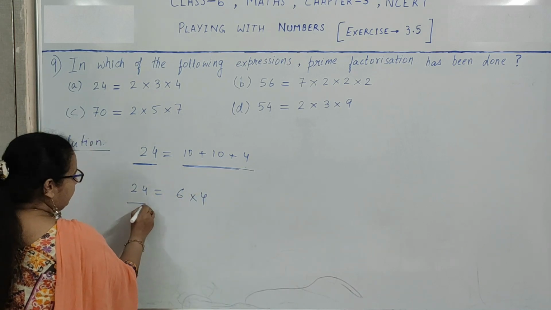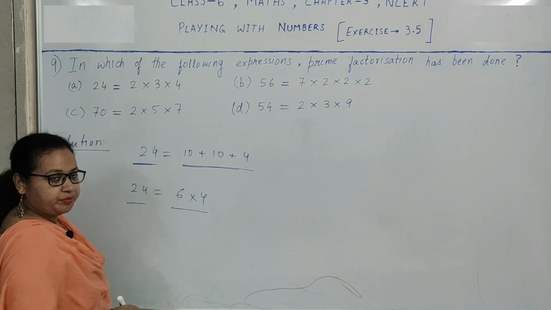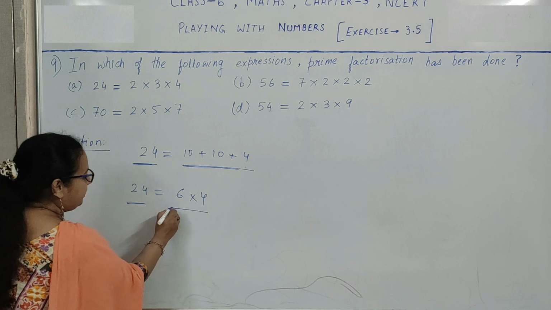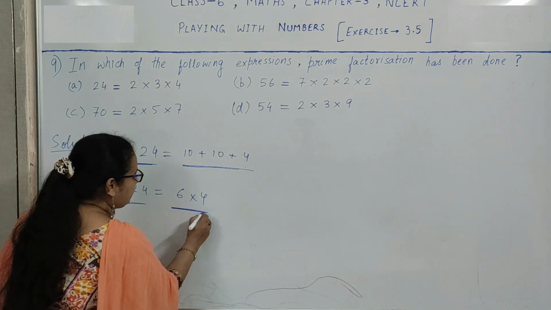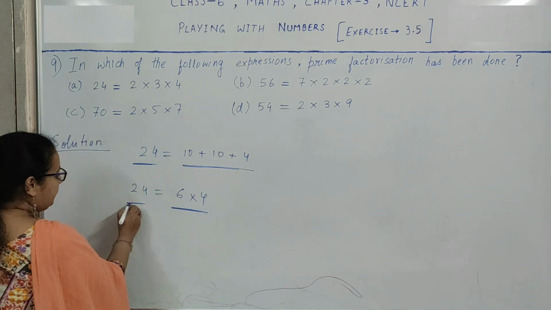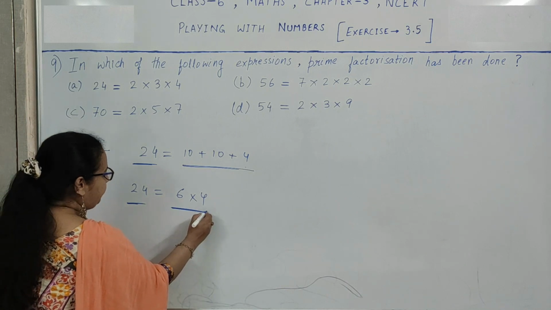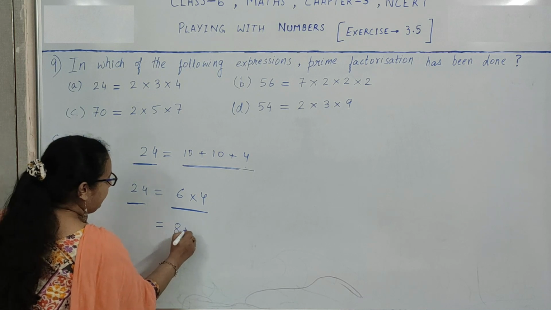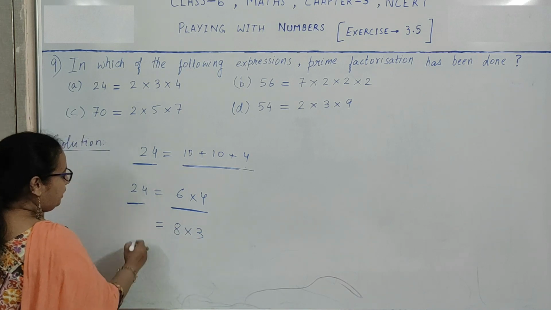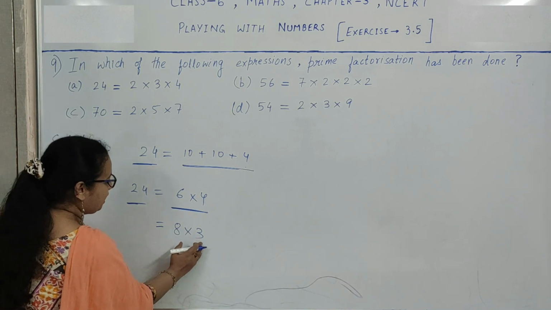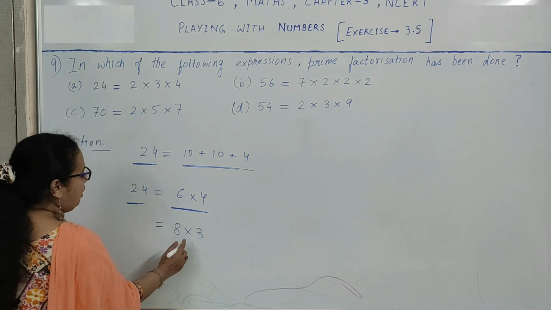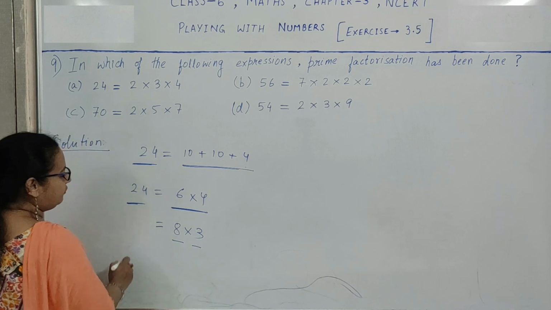That I have written 24 as a product of 2 numbers, or I can say that 24 is expressed in terms of its factors, as a product of its factors. Or 24 can also be written as 8 3s are 24. So here 24 is expressed as a product of 2 numbers, and these 2 numbers are the factors of 24.